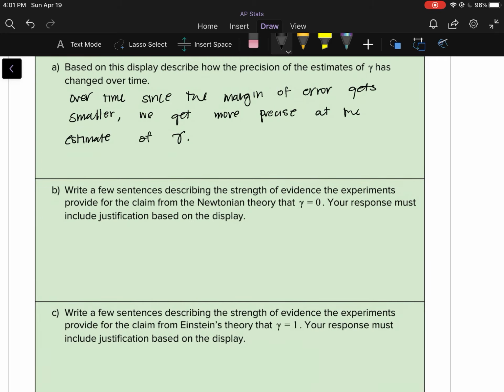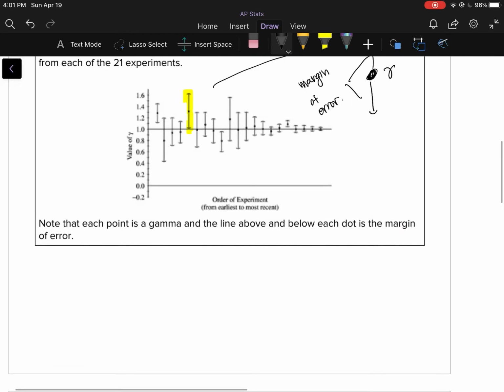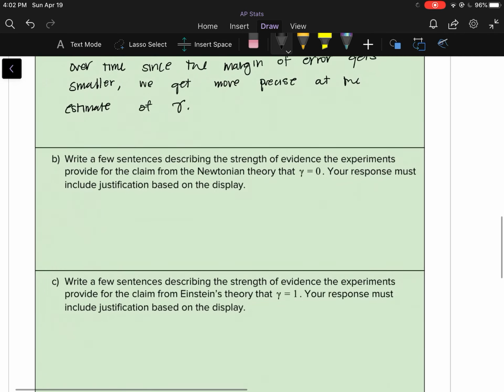B. Write a few sentences describing the strength of evidence that the experiment provided for the claim for Newtonian theory that gamma equals 0. Your response must include justification based on the display. So looking at the display, gamma equals 0 is here. Because none of these points cross at gamma equals 0, we have 0 chances of this happening.